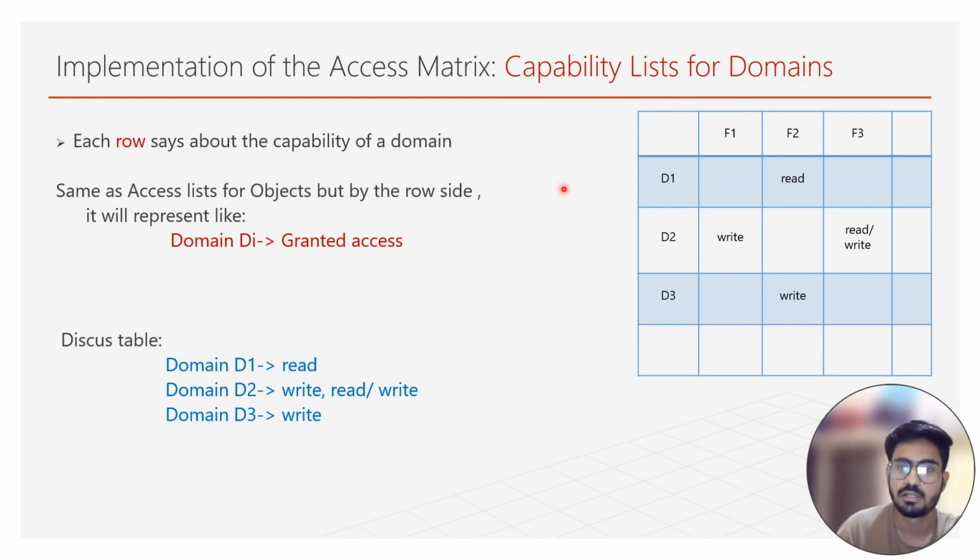These are the domains D1, D2, and D3. In this table, for domain D1 we traverse like this and see that the granted access is read, so we write read.